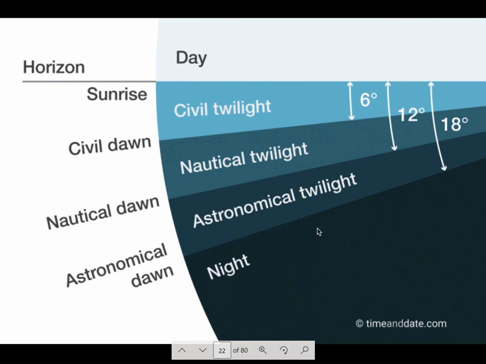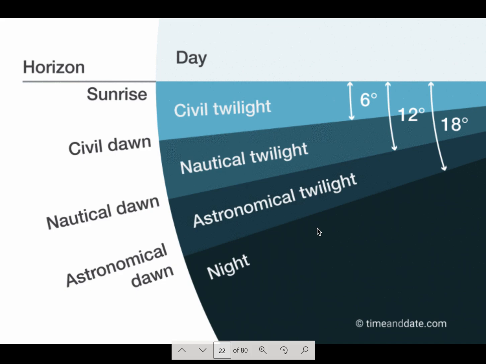Now, while this may seem really pedantic, why are you worrying about the difference between 18 and 12 and 6 degrees and 0 degrees of twilight? Most people think we just go from night to day. Because as someone who photographs natural lighting, you get some really beautiful light in that 18 degrees between night and day.